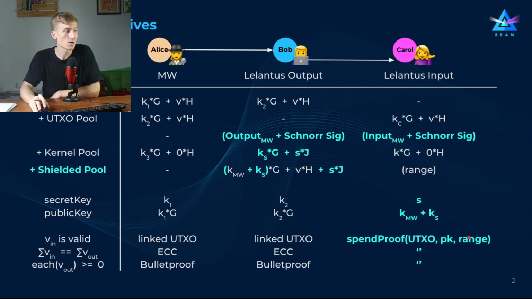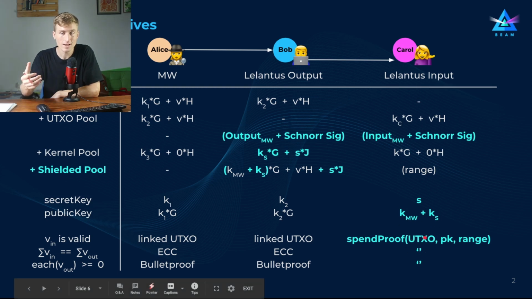So this is something to notice that's different here, right? With a Mimblewimble transaction, the validation happens through linking and ECC, and then there's also a bulletproof. In a Lelantus transaction, the validation just happens by a yes or no out of this spend proof. And the spend proof, that one yes or no, covers all three functions here. So it's going to say that the V is valid, the inputs equal the outputs, and none of them are negative.